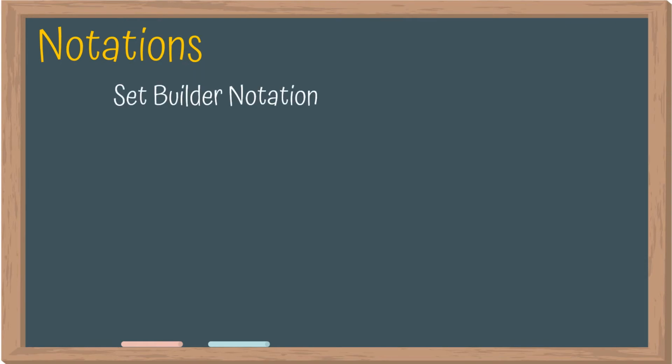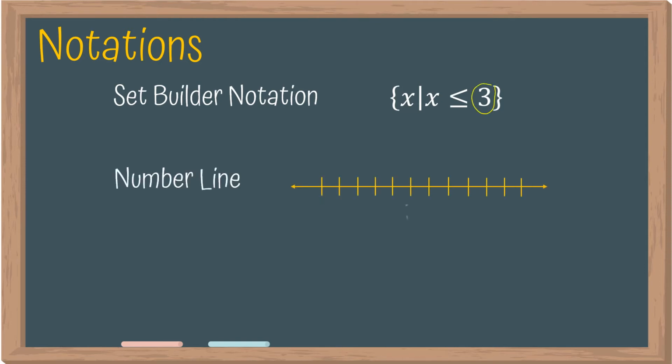Ayan. So, this time, let us have this example. So, we have here x such that x is less than or equal to 3. So, again, we have here a single value 3. So, for our number line, let us put that value, yan, sa gitna na lang din siya. Okay? So, in this case, we make use of this inequality symbol less than or equal to.